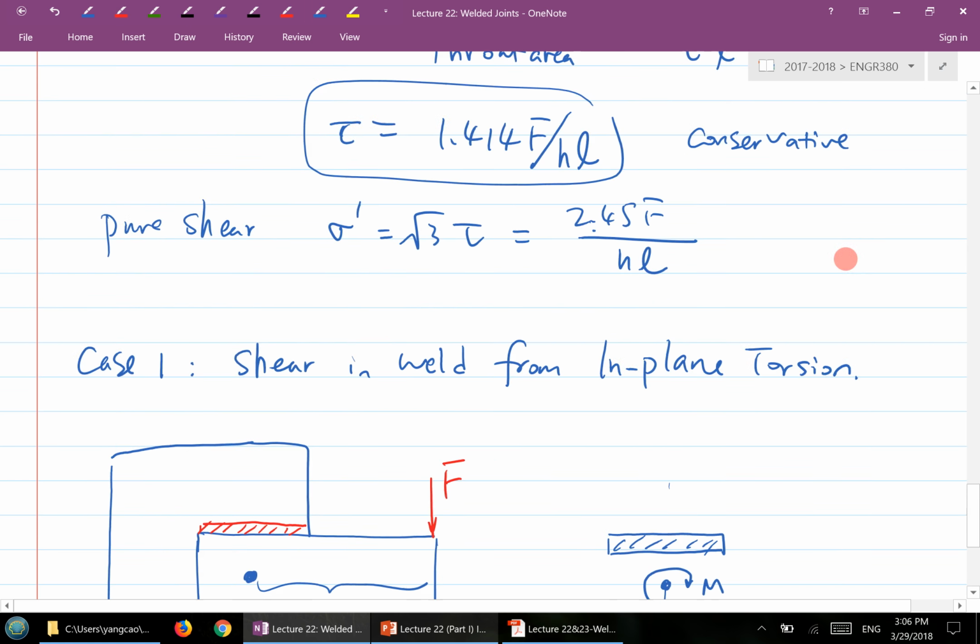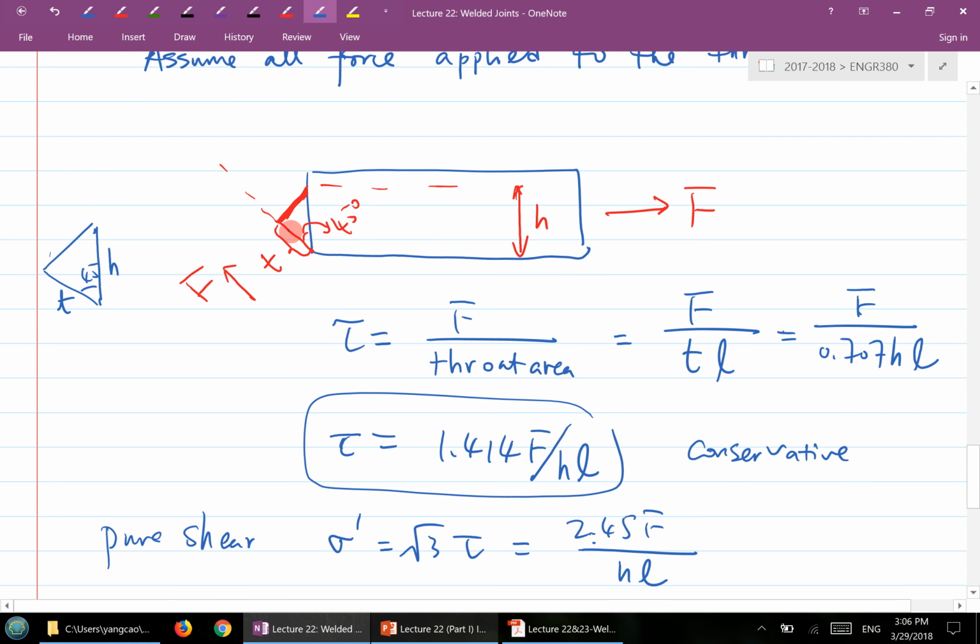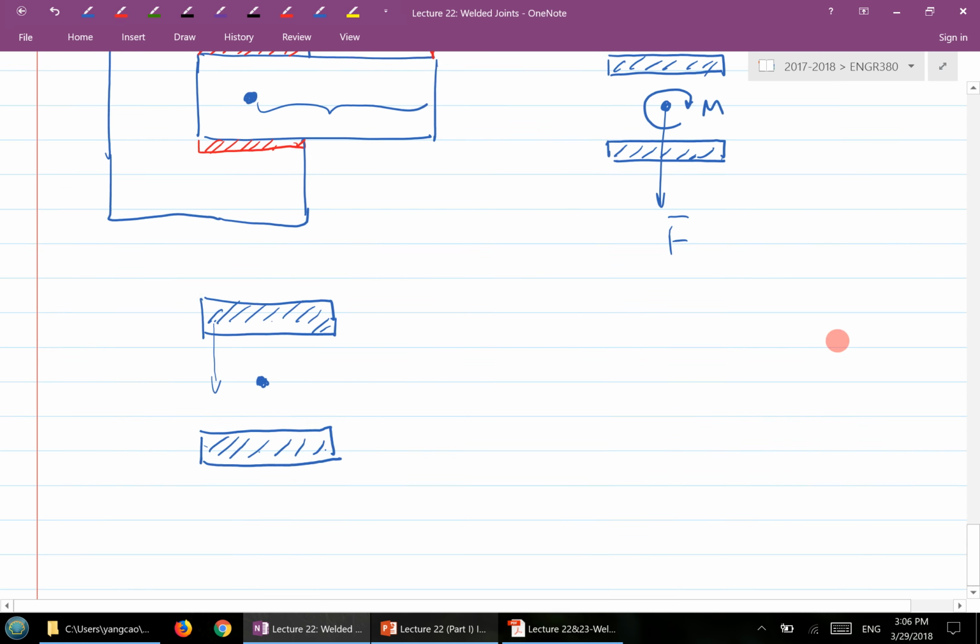Remember, in the conservative model, when you have a fillet weld, it doesn't matter how the force is applied, you always apply that force to the throat area, and you use that force to generate a shear stress. That makes sense? So I can consider everywhere on the throat area there will be a shear stress, tau, caused by the F here.